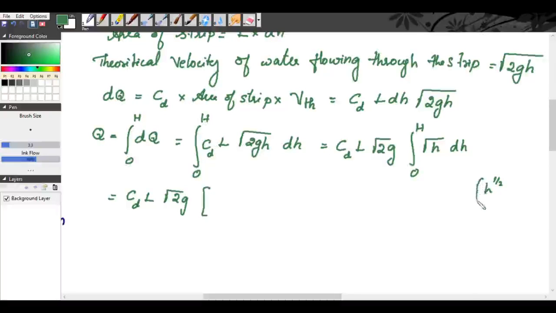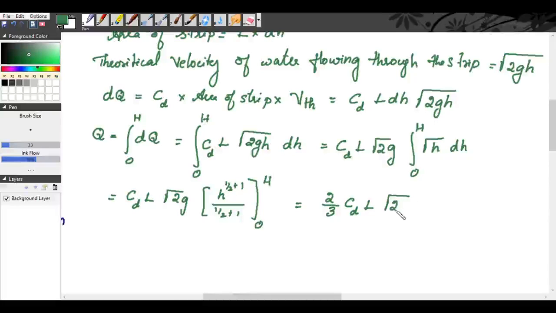Integrating h raised to 1 by 2, we get h raised to 1 by 2 plus 1, divided by 1 by 2 plus 1, from 0 to H. So h is varying from 0 to H. So what you get is 2 by 3 CD L into root of 2g into H raised to 3 by 2.